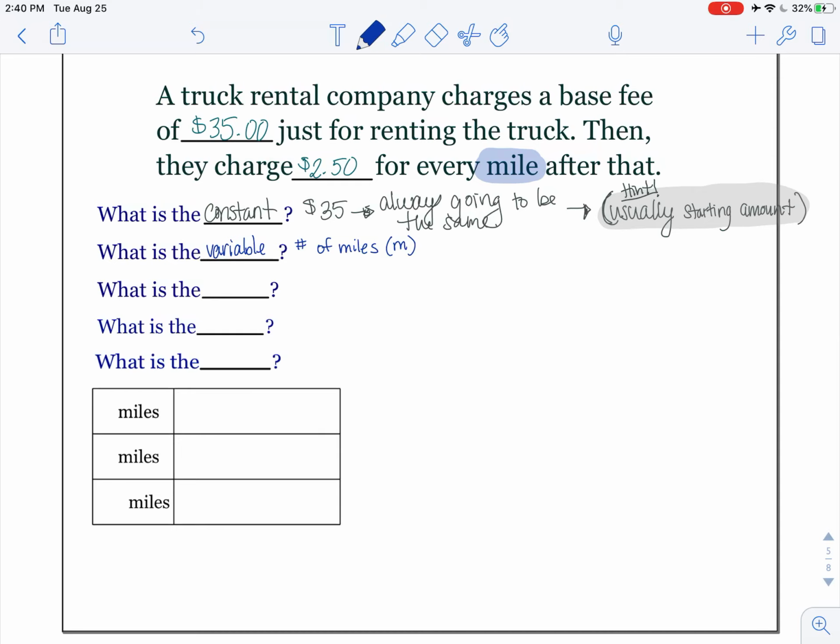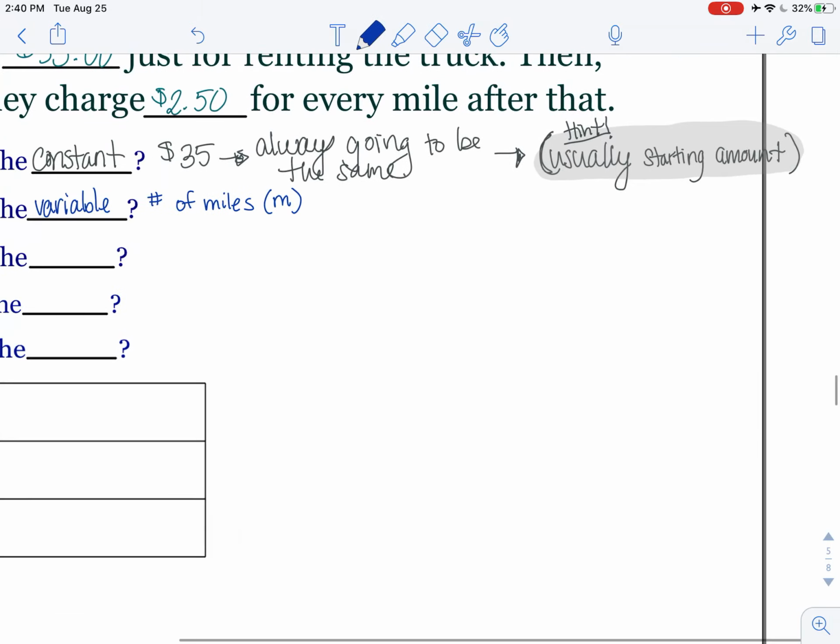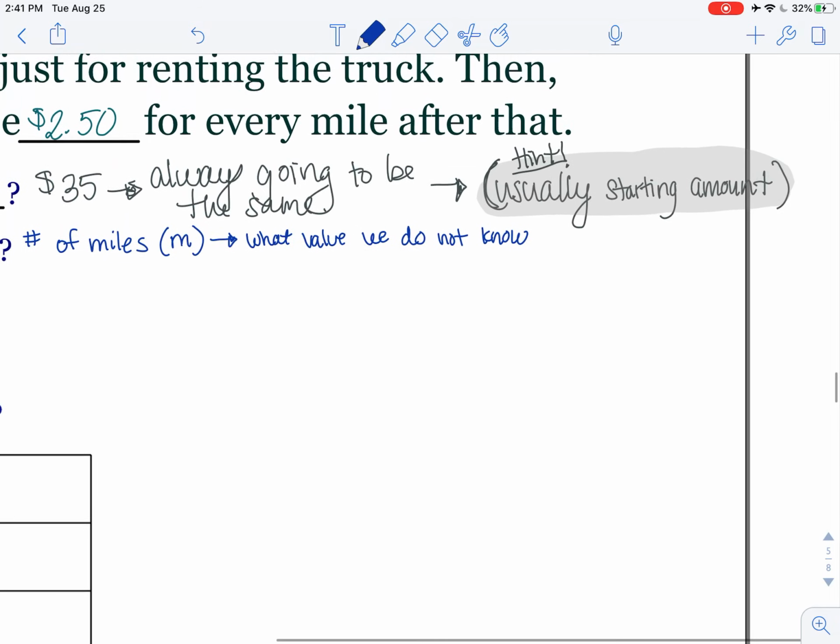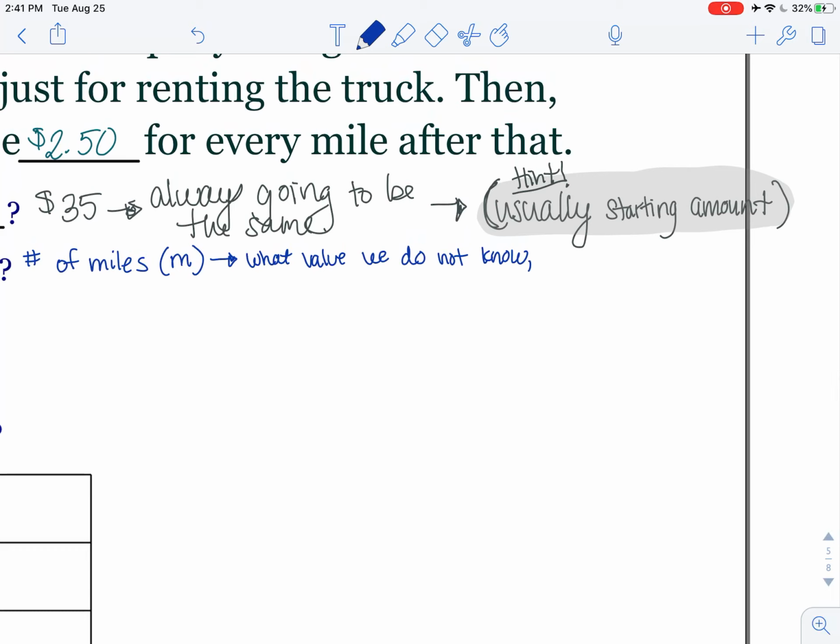Let's choose M for miles. Okay? So the way we can find that variable, it's what we don't know. What value we do not know. All right? It could represent any amount.